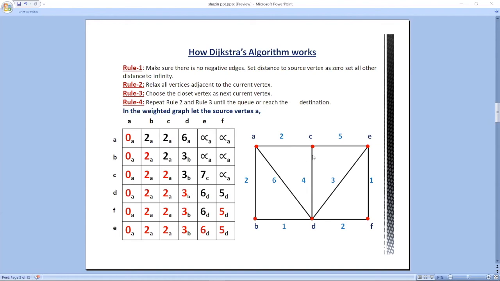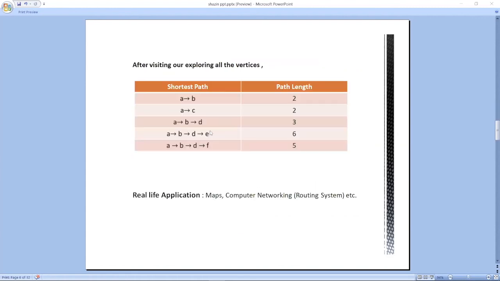If we want to find the D vertex, we see D row wise and column wise is here, 3 units. It is coming from B, and B is coming from A. So our shortest path will be A to B, and B to D is 3 units.